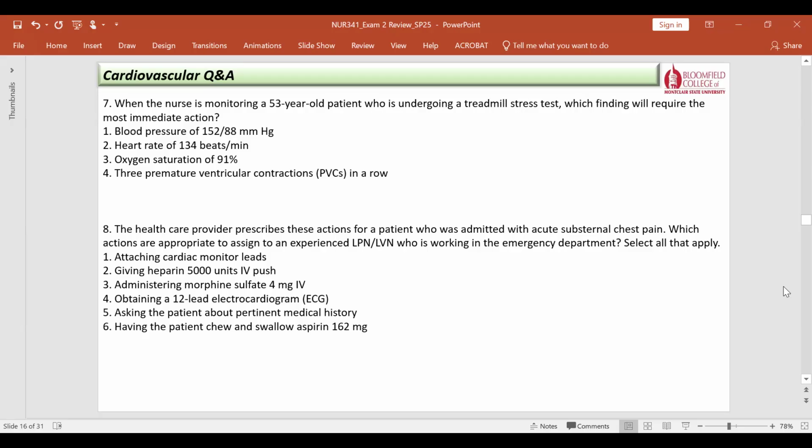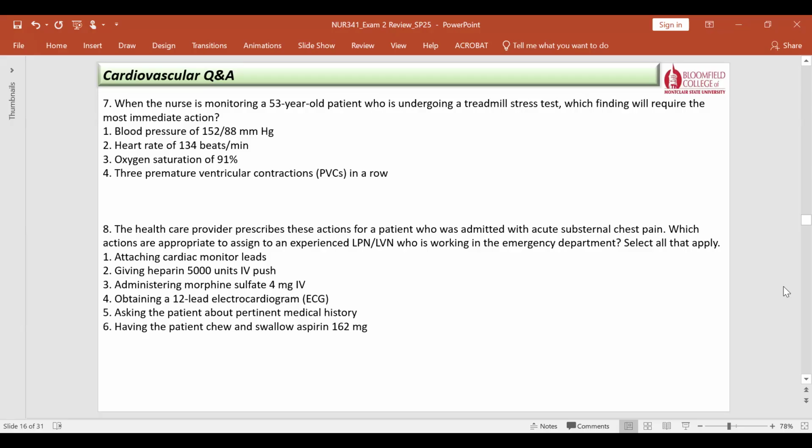Right. So attaching the cardiac monitor leads, obtaining the EKG, and administering the oral medications are within the scope of practice of the LPNs. So the experienced LPN will be familiar with these activities, although the anticoagulant and the narcotics may be administered by the LPN to stable patients.